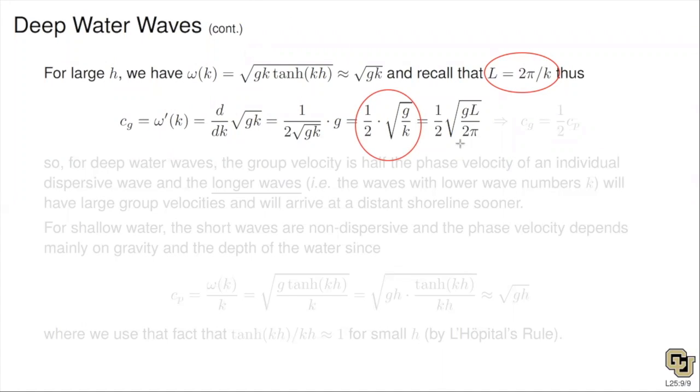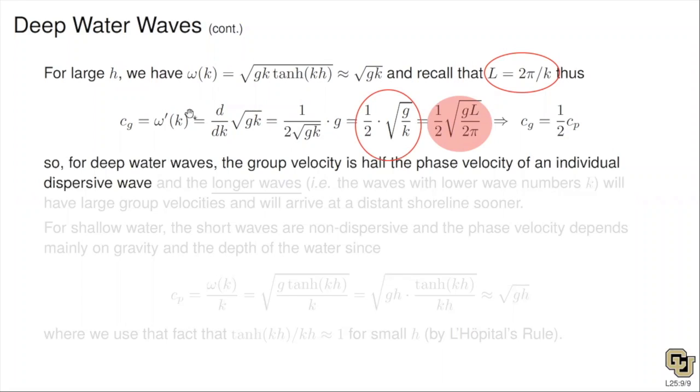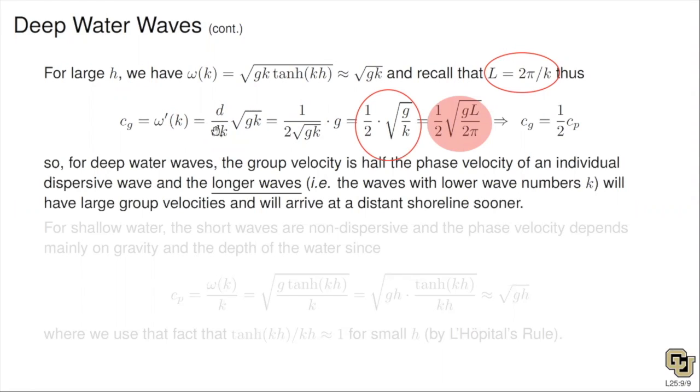It's the same formula in 2 different versions. And so for the group velocity, we can see that it's half the phase velocity in deep water. And the longer waves, the waves with lower k numbers, remember, the smaller the denominator, the bigger the fraction. So the longer waves, the ones with the lower wave numbers, will have large group velocities.